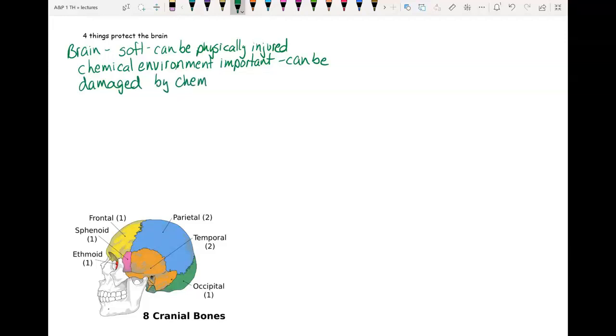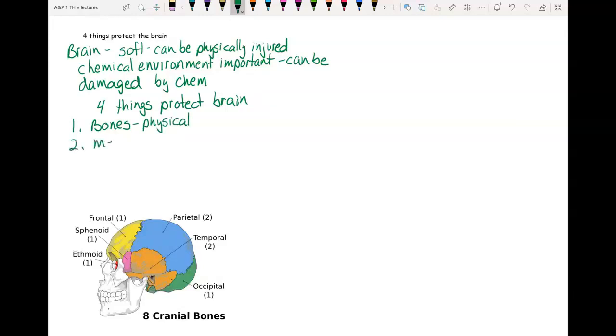So protecting your brain is a big job, and you have 4 things that protect your brain. One is bones. So the bones of your cranium are going to protect the brain from physical injury.